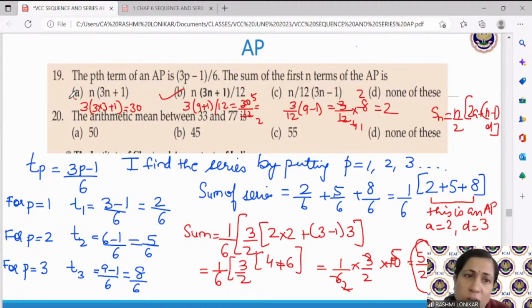In each of the three options, I tried to put the value of n as 3. Why did I take 3? Because for p also I took it as 3. So that is why I have got the answer. And then in these three, only B is the correct option.